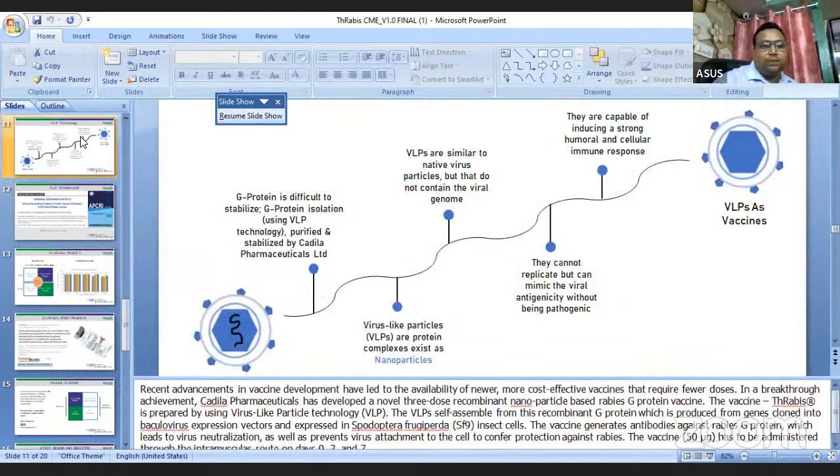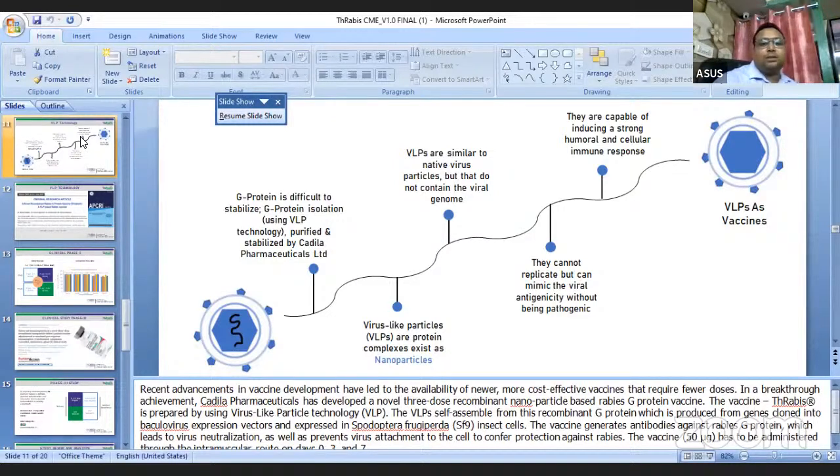G protein is difficult to stabilize. G protein isolation using VLP technology, purified and stabilized by Cadila Pharmaceuticals Limited. Virus-like particles, VLPs, are protein complexes that exist as nanoparticles.